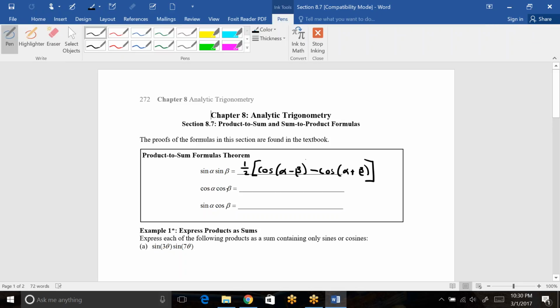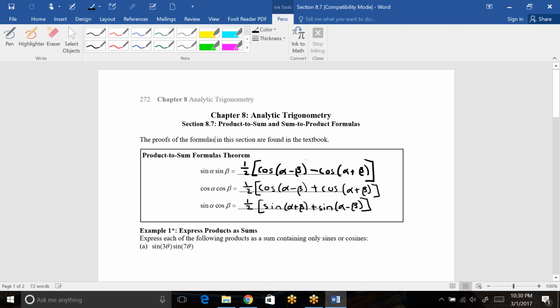For cosine alpha times cosine beta, it's 1/2 bracket cosine of alpha minus beta plus cosine of alpha plus beta in the bracket. And if you're mixing a sine alpha with a cosine beta, it's 1/2 bracket sine of alpha plus beta plus sine of alpha minus beta.